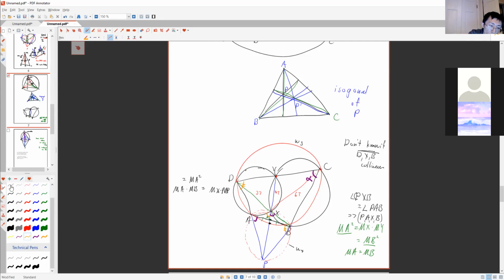We should probably just draw in. I've been hesitating to draw these in, but I think it might be good to draw these in. So AXB is similar to DXB. AXB, AXB, PX. Oh, somehow I misread that. PXC.